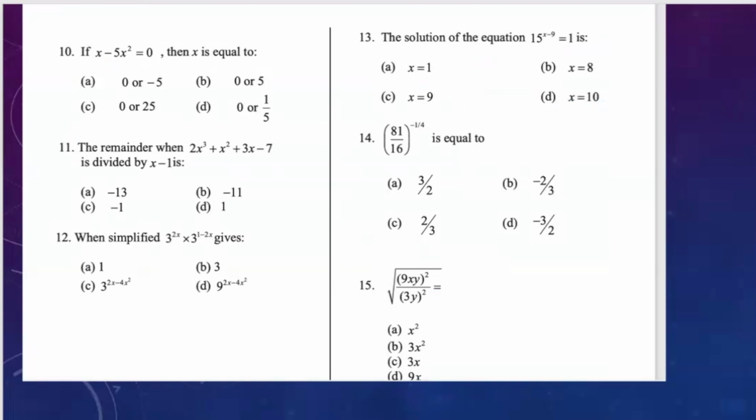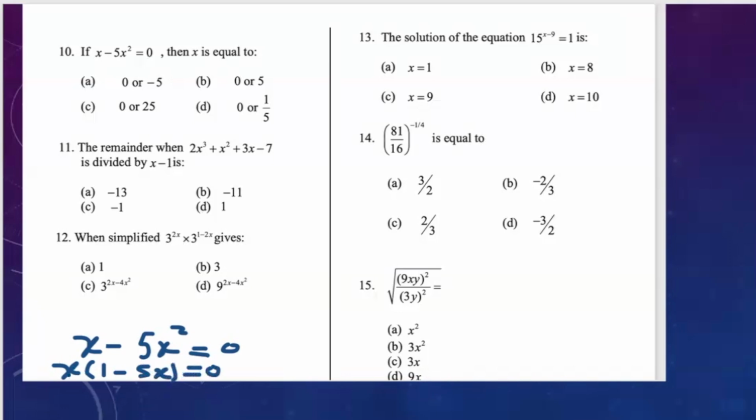The next question we have here: if x minus 5x squared equals 0, then the value of x is which of the following? So we have x minus 5x squared equals 0. x is common, so we factor out the x, and we're left with x times 1 minus 5x equal 0.